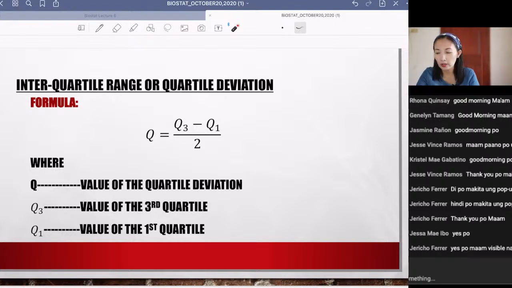Now, you don't know yet Q1 and Q3. These are measures of position, location. Q3, quartile 3, is the 75th percentile. Q1 is 1/4 of the distribution, or the 25th percentile. QD is Q3 minus Q1 over 2, third quartile and first quartile.